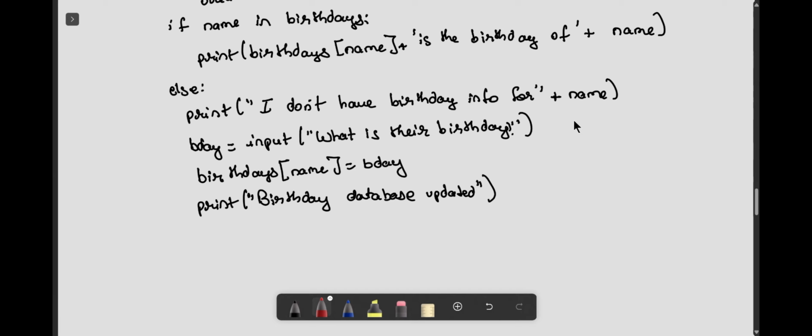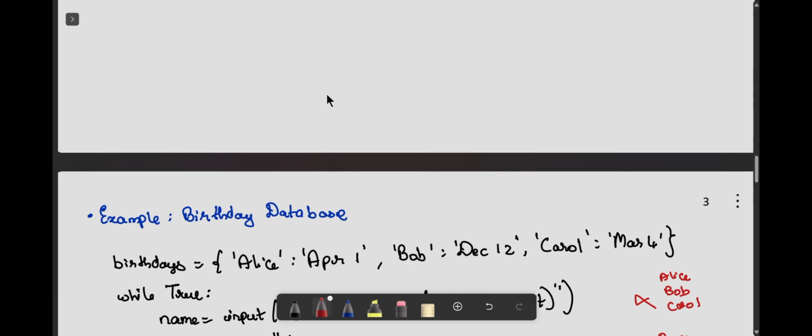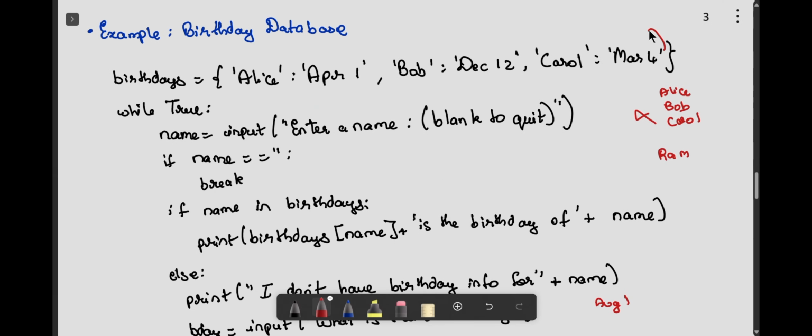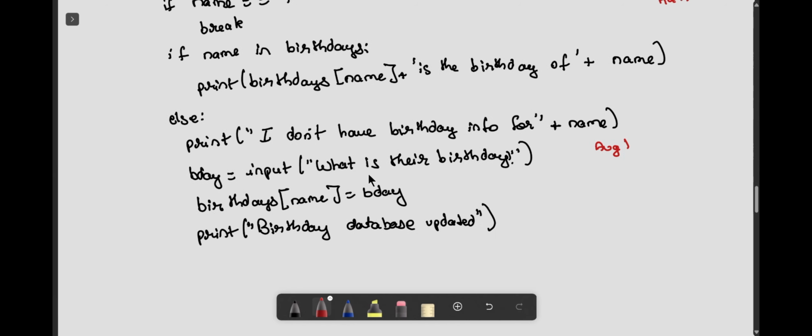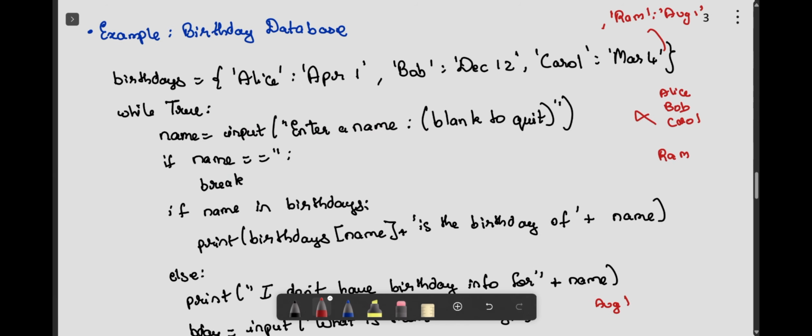We ask what their birthday is. For example, we say Ram's birthday is August 1st. When we say it's August 1st, in this database here it adds a comma, we say Ram, and we add August 1st. And so the dictionary increases and the database is updated. So next time you ask for Ram, it'll return August 1st. So this is an example of a birthday database.